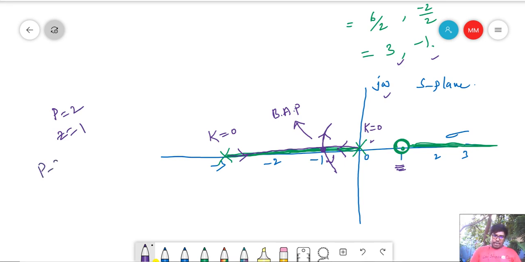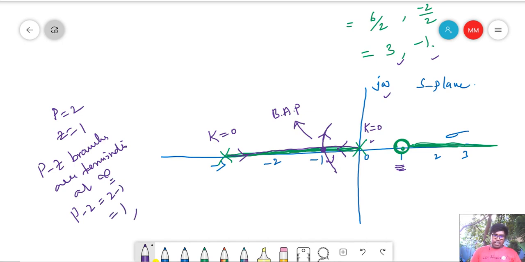So p minus z branches terminate at infinity. How many? P minus z, nothing but 2 minus 1, that is 1 branch will terminate at infinity. So this is a point at infinity. I am imagining that there is a 0 present at that infinity, because root locus always starts at an open loop pole and terminates at an open loop 0, wherever it is.